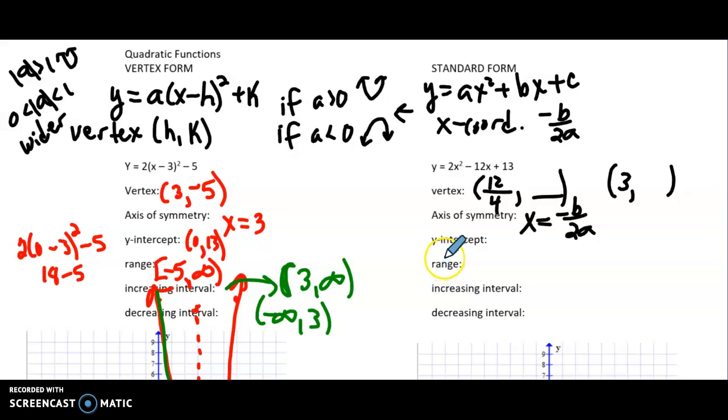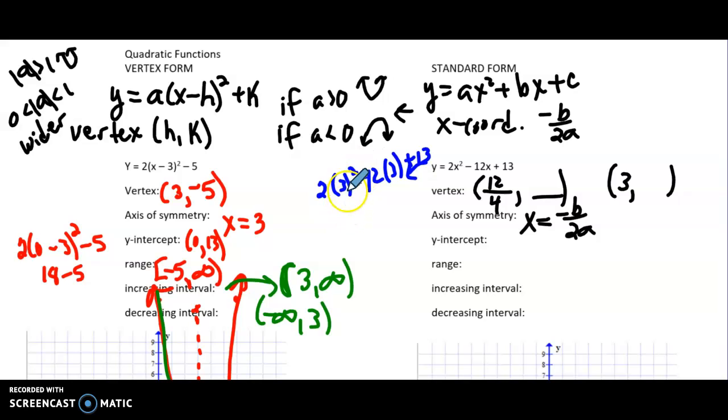Now I don't know what the y-coordinate is, but here's my equation. I can find the y-coordinate if I know any x-coordinate. So I am just going to go off to the side now that I know that 3 is the x-coordinate. I'll say 2 times 3 squared minus 12 times 3 plus 13.